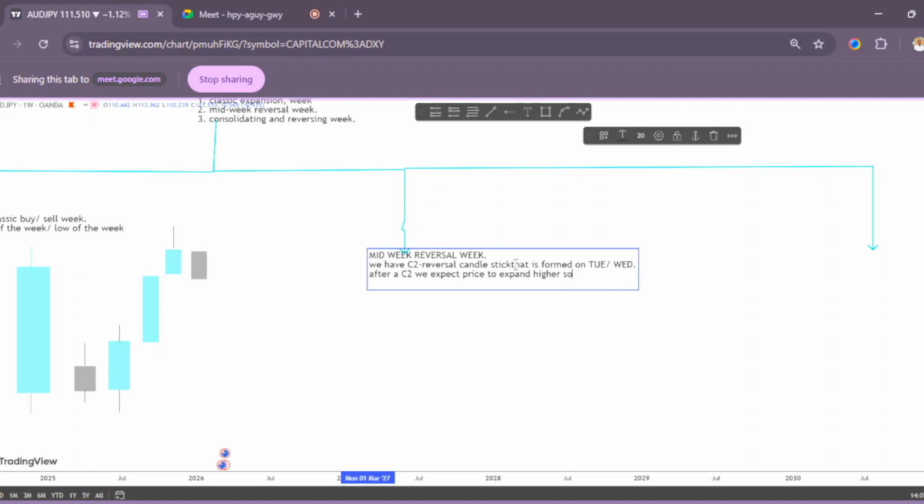So we trade candle 3 and candle 4, which are expansion candlesticks. This can be one scenario, or we can have scenario 2.